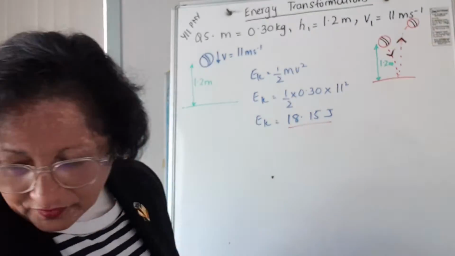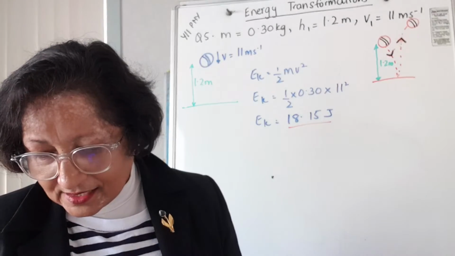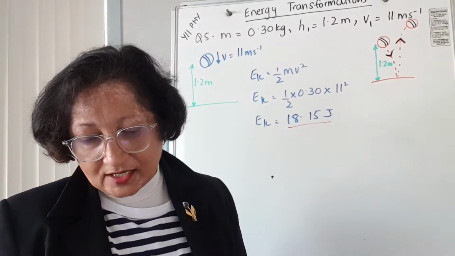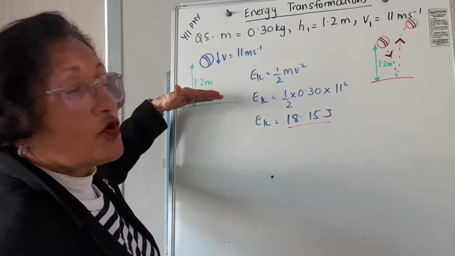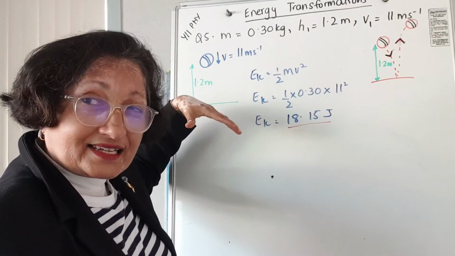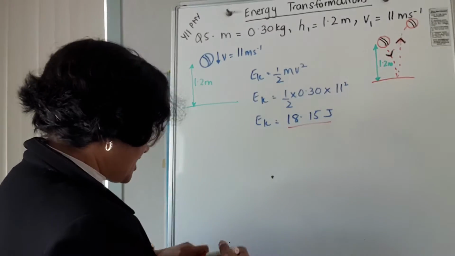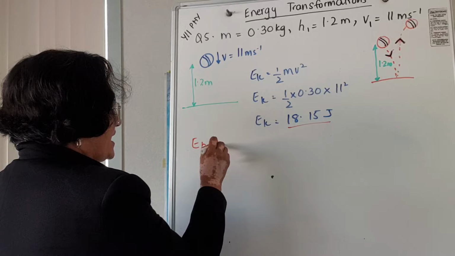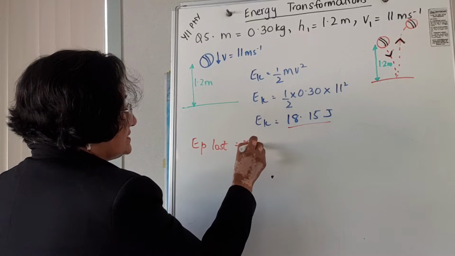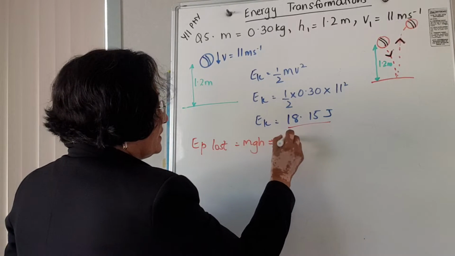And then what do we have to do? The next thing is calculate the gravitational potential energy the ball loses while it travels down. So anything that's falling is going to gain kinetic energy and lose gravitational potential energy. So the gravitational potential energy lost is mgh.